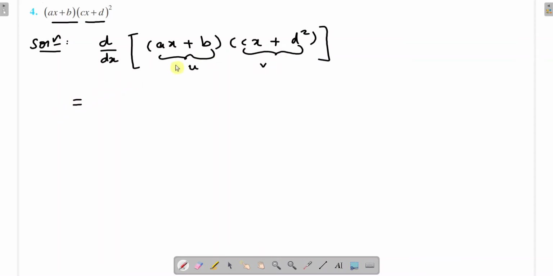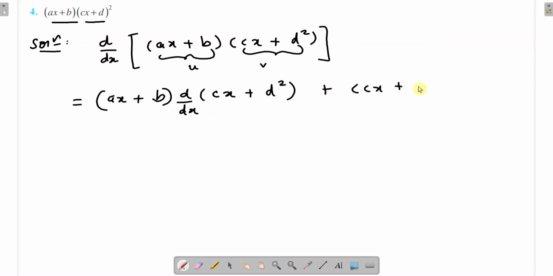What is the formula? First function, that is ax plus b, multiplied by the derivative of the second one, then plus the second function multiplied by the derivative of the first function, that is ax plus b.